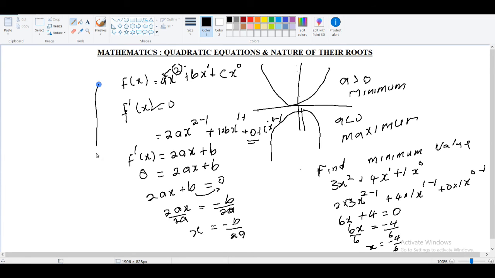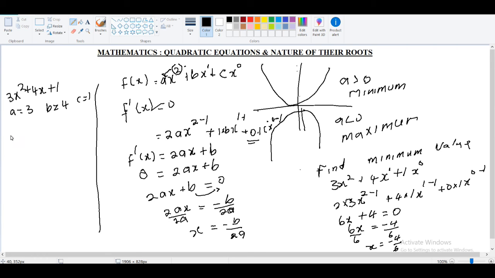Let's see. Our equation was 3x squared plus 4x plus 1. So what is our a? Our a is equal to 3, our b is equal to 4, our c is equal to 1. a is the term that has x squared, b is the term that has only x, c is the constant term.